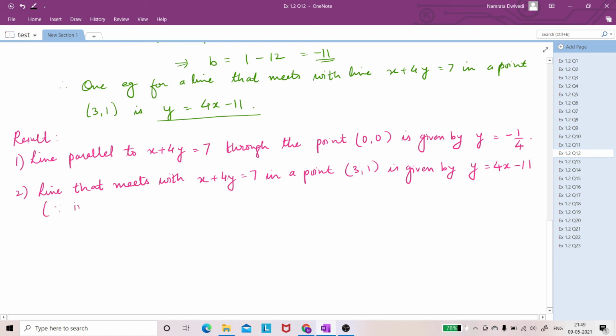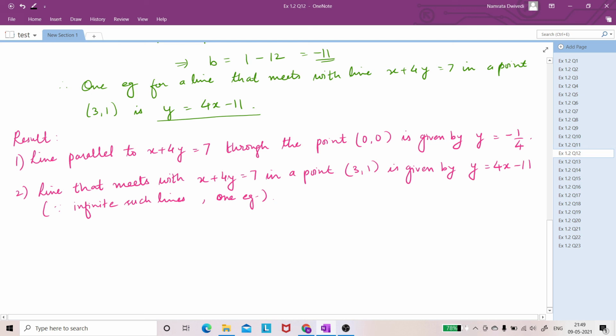Since there are infinitely many such lines, this is just one example. Okay, so this is the final answer for question number 12.